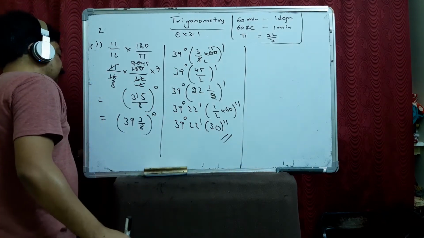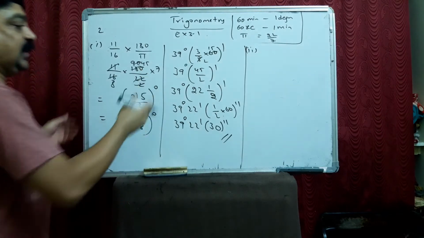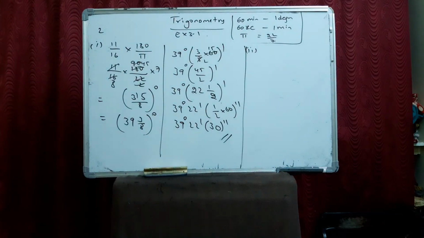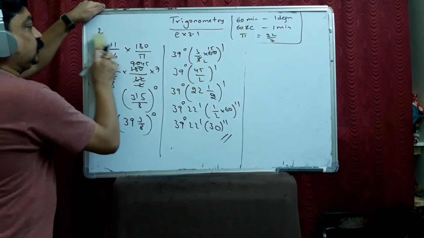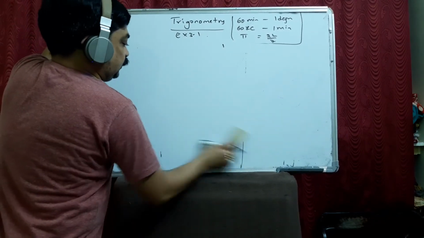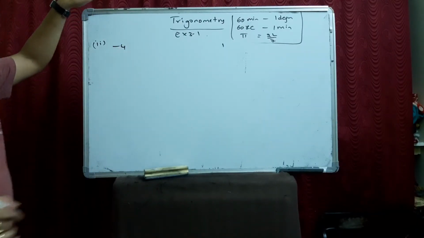For the next question, minus 4 radians into degrees. Please take this, I'll do the next problem. Minus 4 radians into degrees.